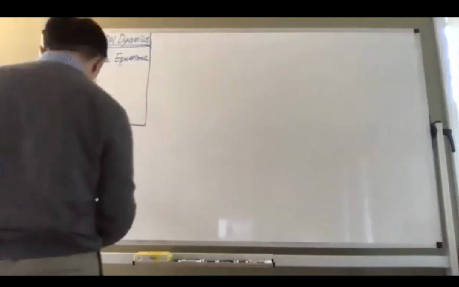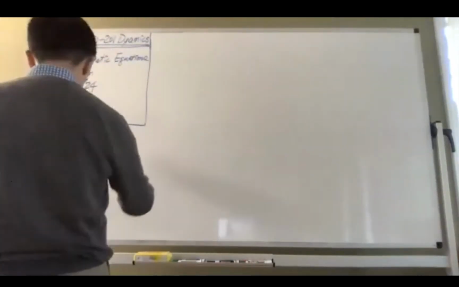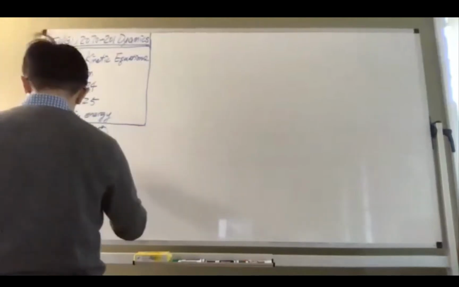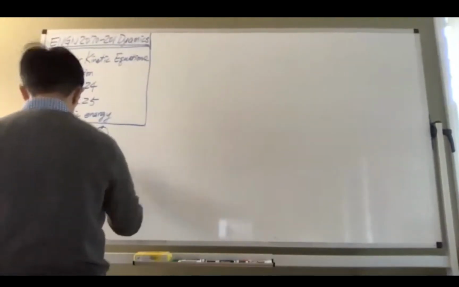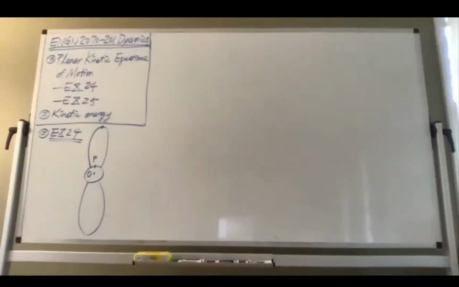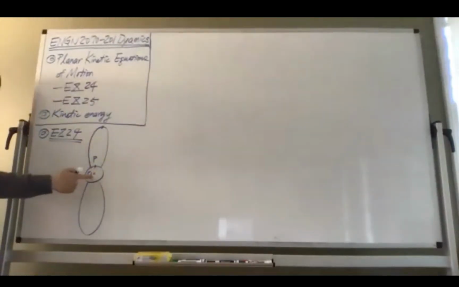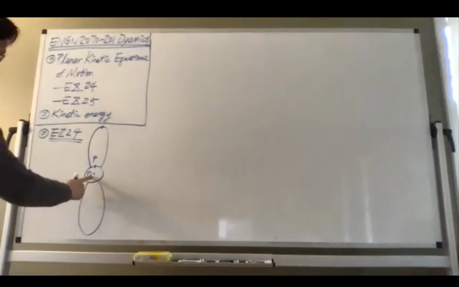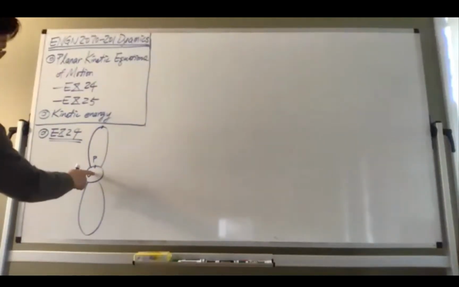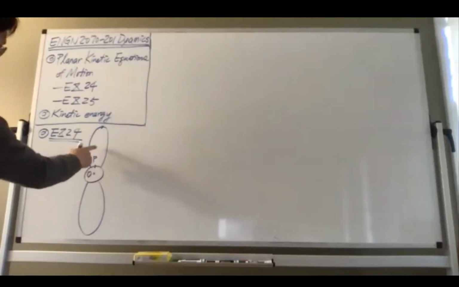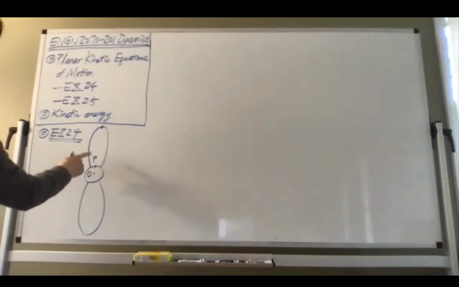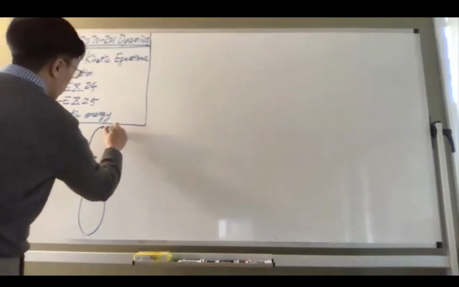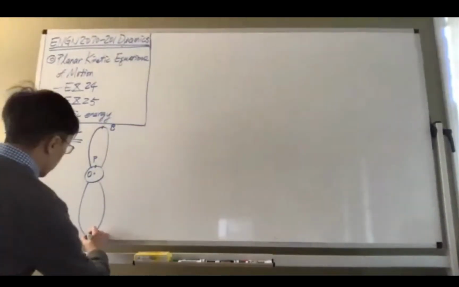In the fan system, we have a few points identified. Point P, point O. The center is right here, this point is called point O, and the connection between the blade and the centerpiece is called point B. The top point is called point B. The down point is point A.